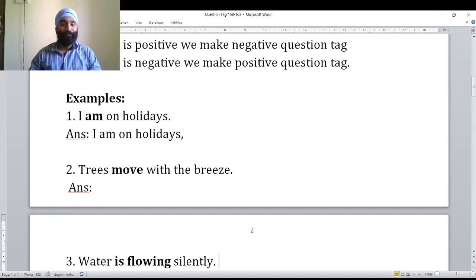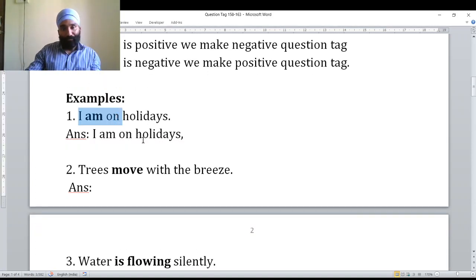So here in the first example, the statement is positive, so we have to make negative question tag, and am is the helping verb here. So in the negative question tag, we convert am into are. Aren't I?